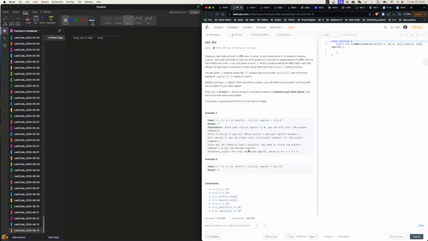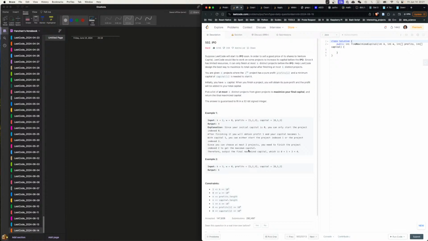Profits. Of course, we would like to get the best profits, right? Because we want to maximize. We can only choose at most K, which means we will choose K, right? And in this case, in the first step, we'll definitely try to get the best we can get based on what capital we have.